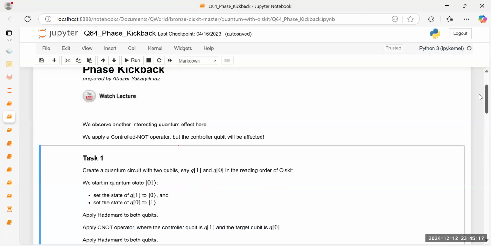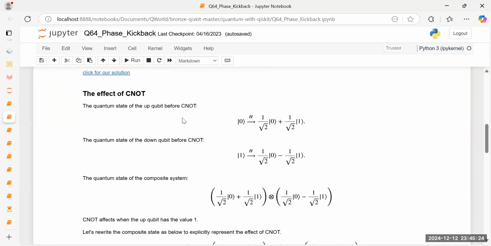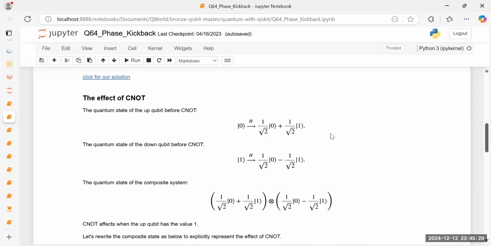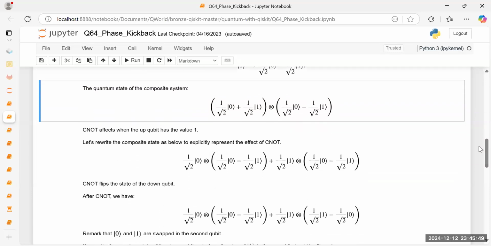Okay, so let's look at the effects of phase kickback more closely. We had the 0 state and we applied H and we got the plus state. We also had the 1 state and we applied H, then we got the minus state. So we have the plus state and the minus state. Now we can multiply.